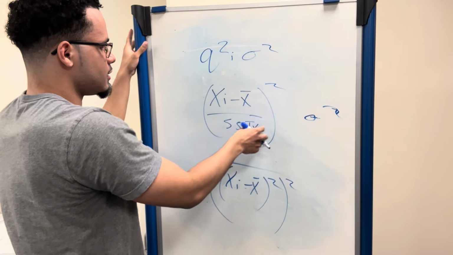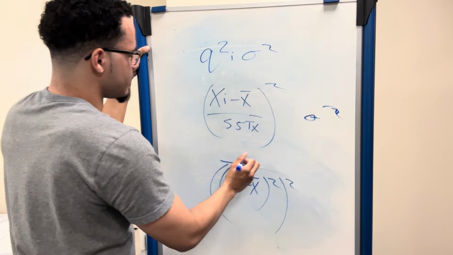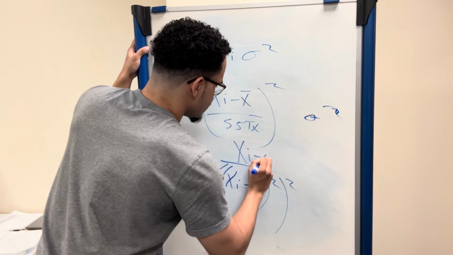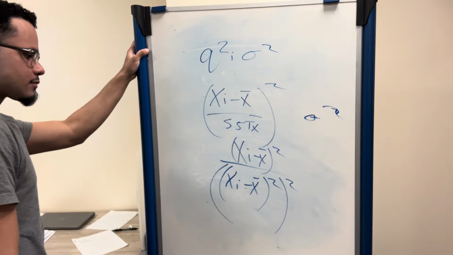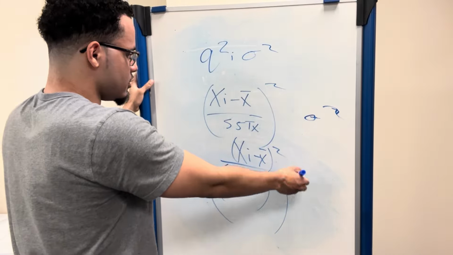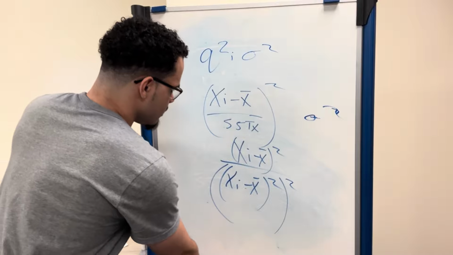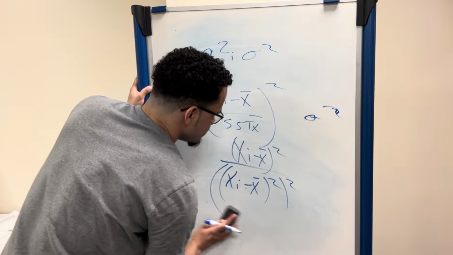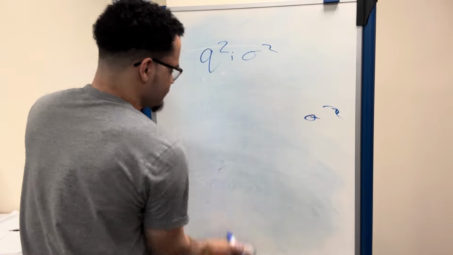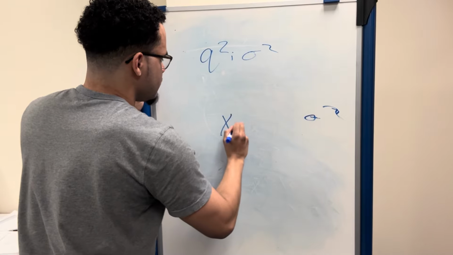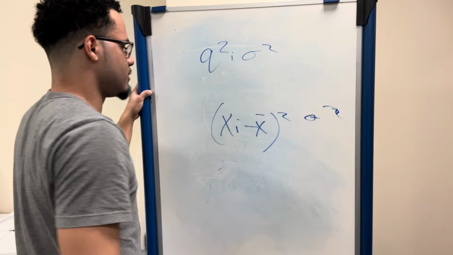So we have (xi minus x bar) squared, and essentially you would be left with 1 over the sum of (xi minus x bar) squared.